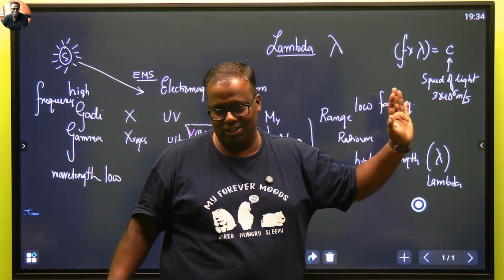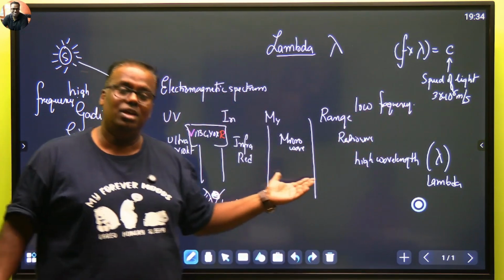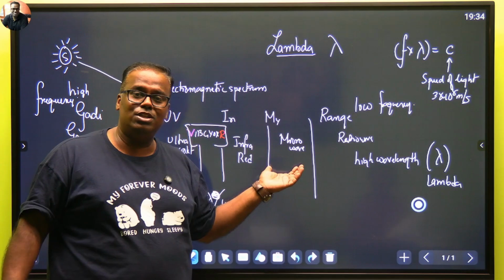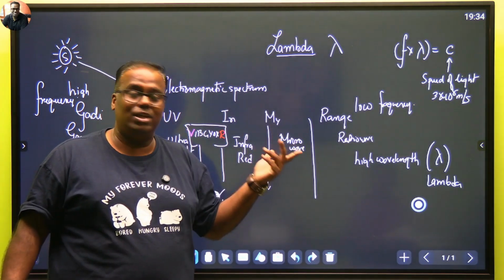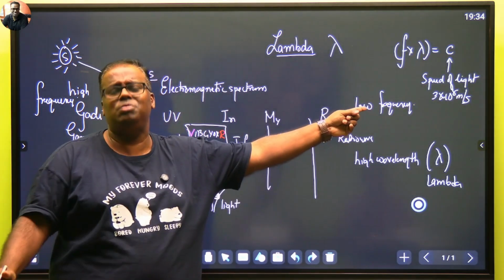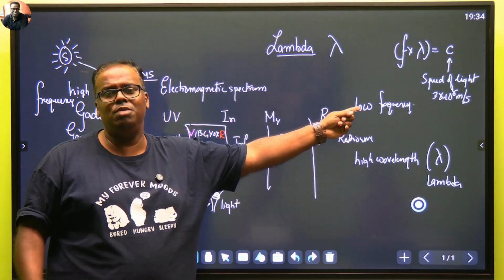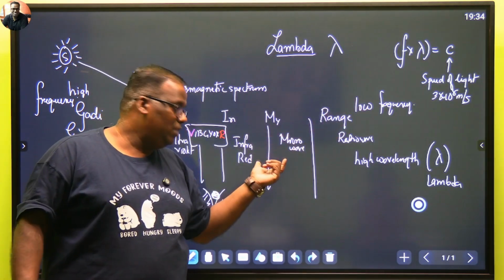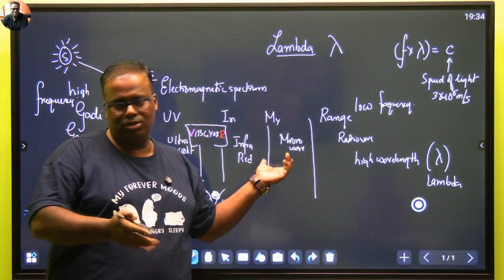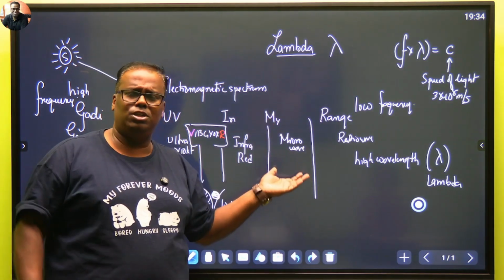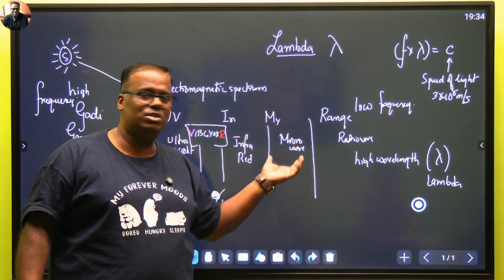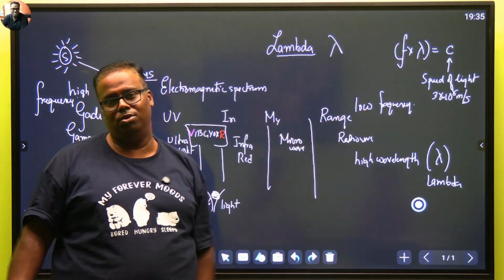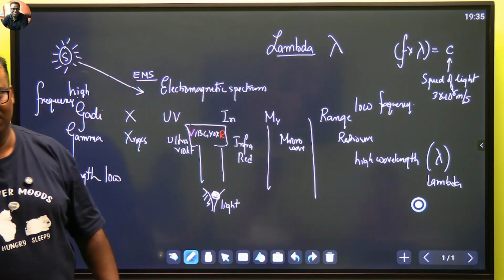And if you multiply All India Radio Delhi's frequency with its wavelength, you will get this, 100%. You take BBC, British Broadcasting Corporation, multiply their frequency with their wavelength, you'll get this value. 100% it has to match.